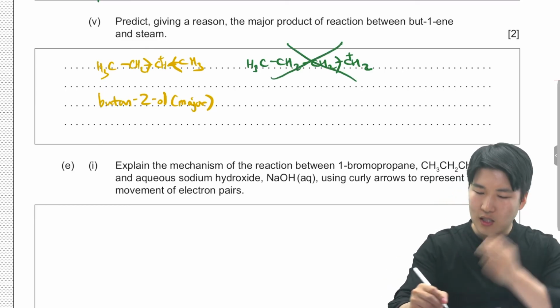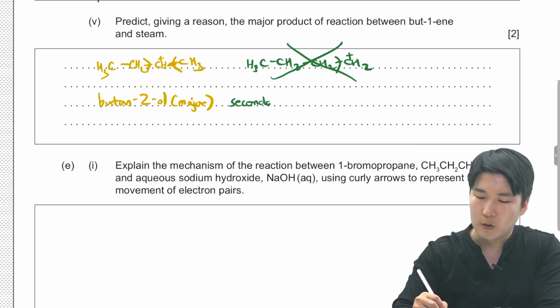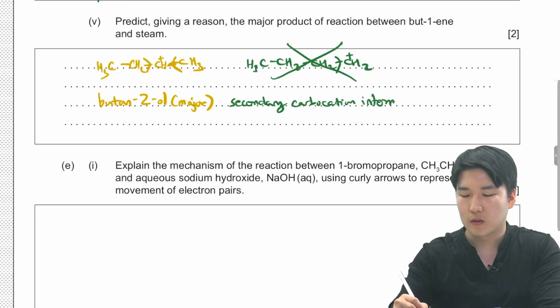The reason being is secondary carbocation intermediate is more stable.